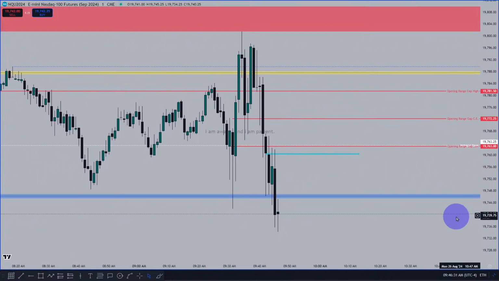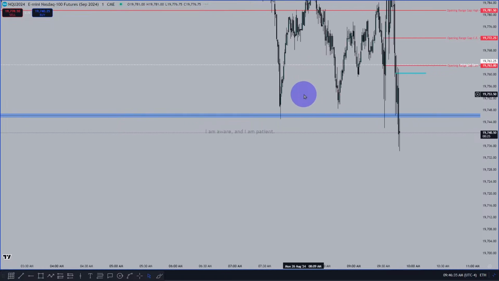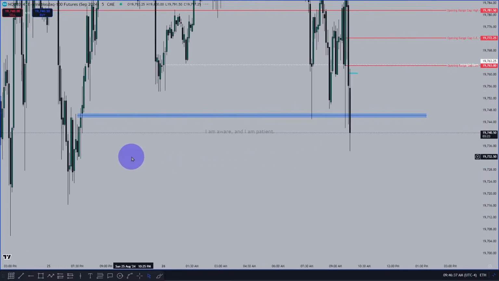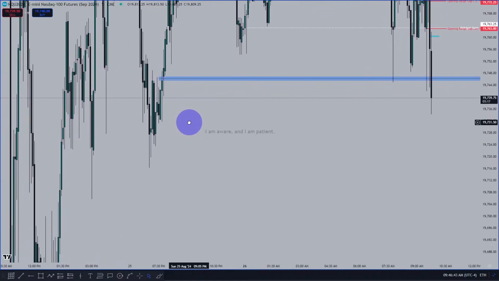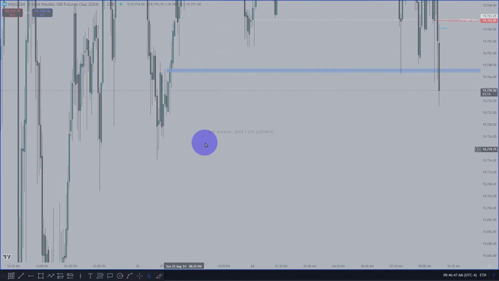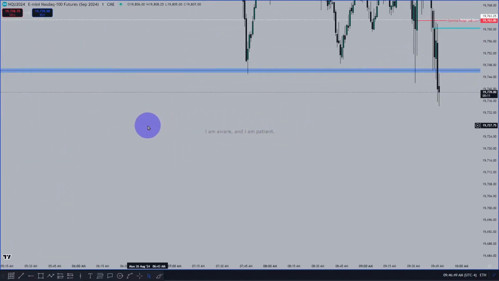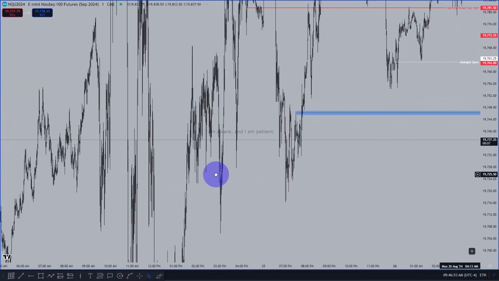So I want to see what price does on the order block. On the 5-minute time frame, not much that we can be trading to. Honestly, not much. But I think if we go on to the 1-minute time frame, it'll give us a bigger story.